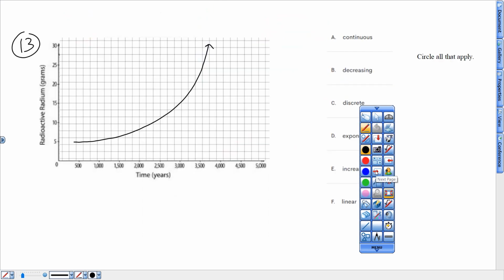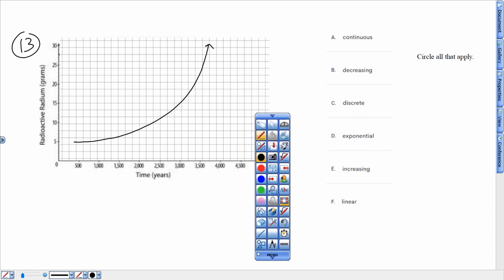This guy right here, words that describe this. So again, now first couple words, continuous, decreasing, discrete. Couple categories, here we go. Let's look at it. Increasing, or how about let's do continuous or discrete. Continuous is a line. That's continuous.